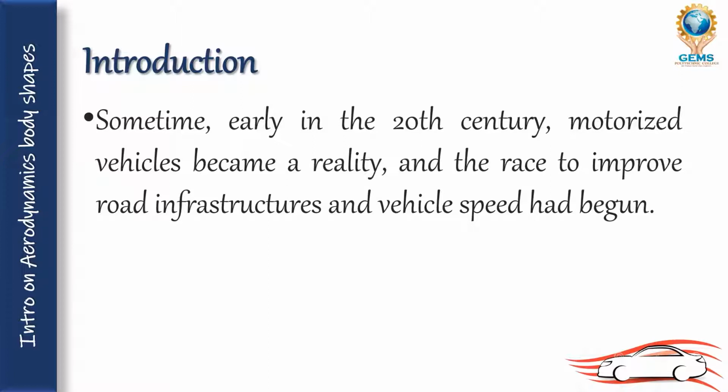In earlier days the roads were not proper, so the vehicle could not go at much speed. When the road infrastructure changed and became very smooth, the speed of the vehicle had to be improved. So for that, the aerodynamic system was used in the automobile industry.